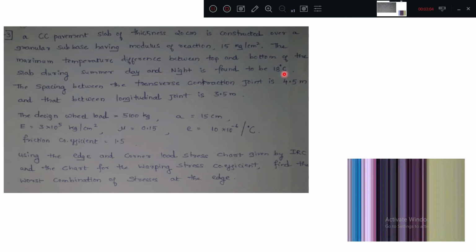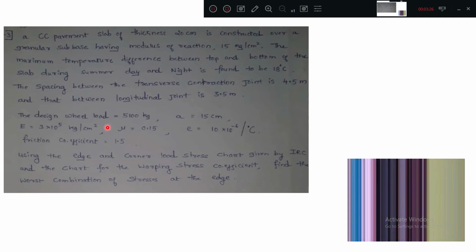Directly the temperature difference they have given, small t. Spacing between transverse contraction joints is 4.5 and longitudinal joint is 3.5. The highest number 4.5 is capital Lx, length of the panel. The smaller one, 3.5, is Ly, width of the panel.